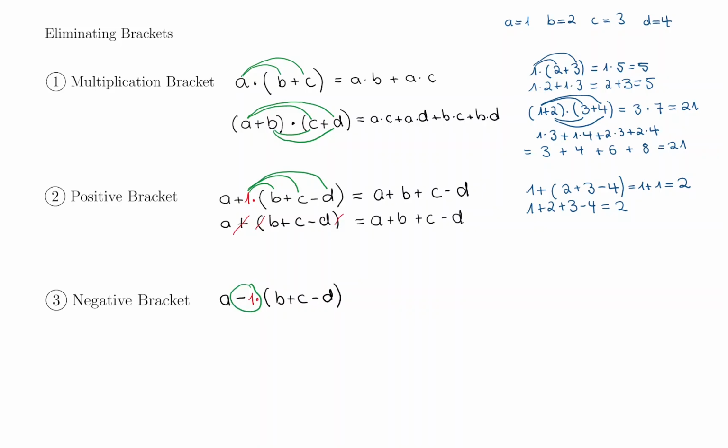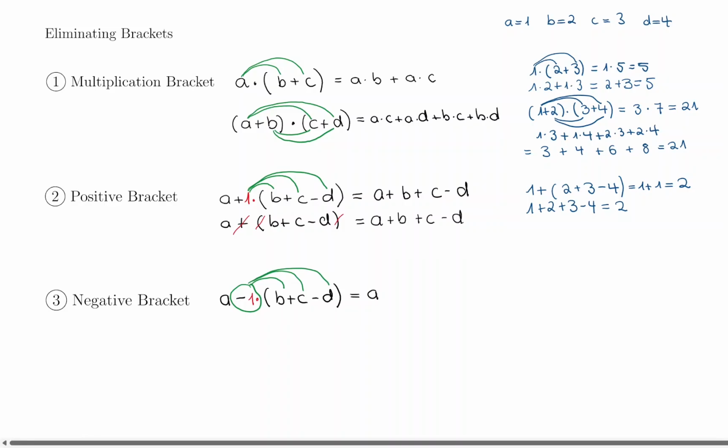So this is our A, and we multiply it to everything inside. So what we would get now is this is equal to A minus 1 times B is minus B, minus 1 times C is minus C, and minus 1 times minus D is plus D.